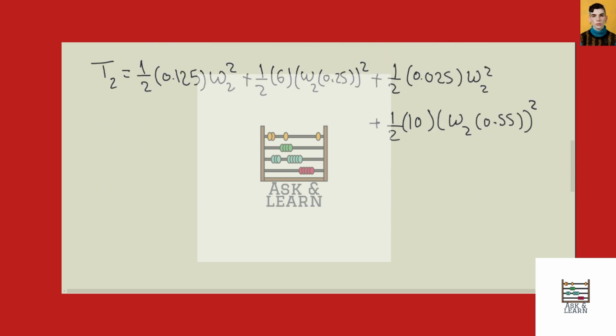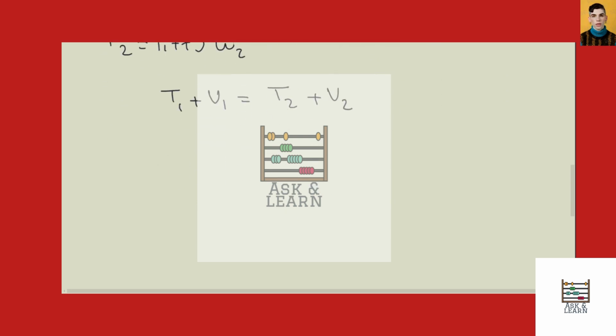So T2 in this case will be equal 1.775 omega 2 square.